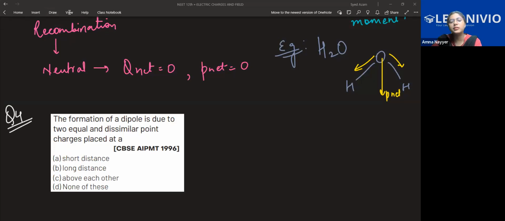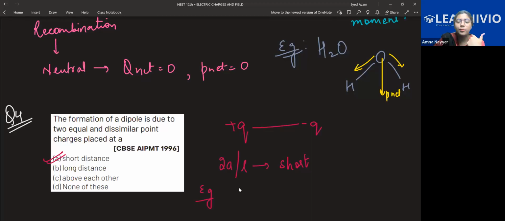Yes, Ibrahim, right. See, the answer is they are short distance forces. The definition of a dipole is that two charges are separated, and this distance that we take, which we write as 2a or L, is very short. This distance is very small. That is how your dipole is constructed. Like when we talk about carbon dioxide, this is also a dipole.